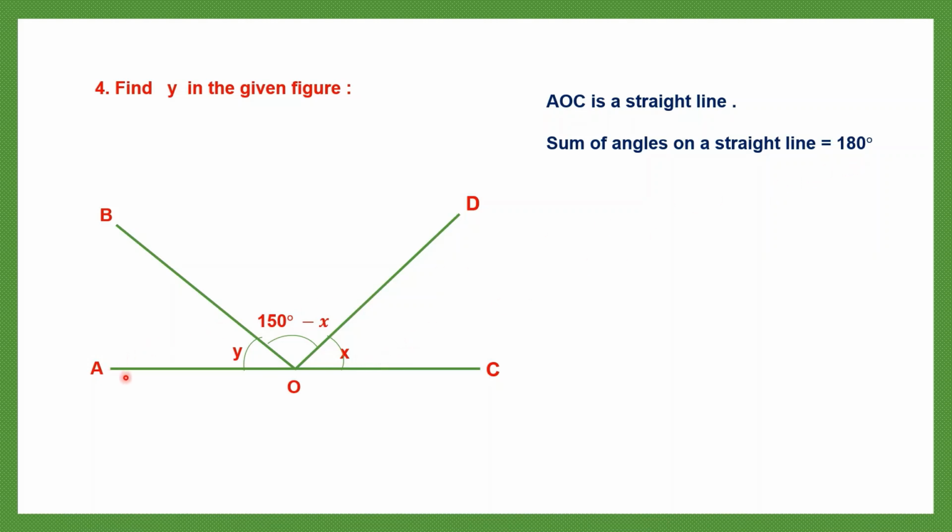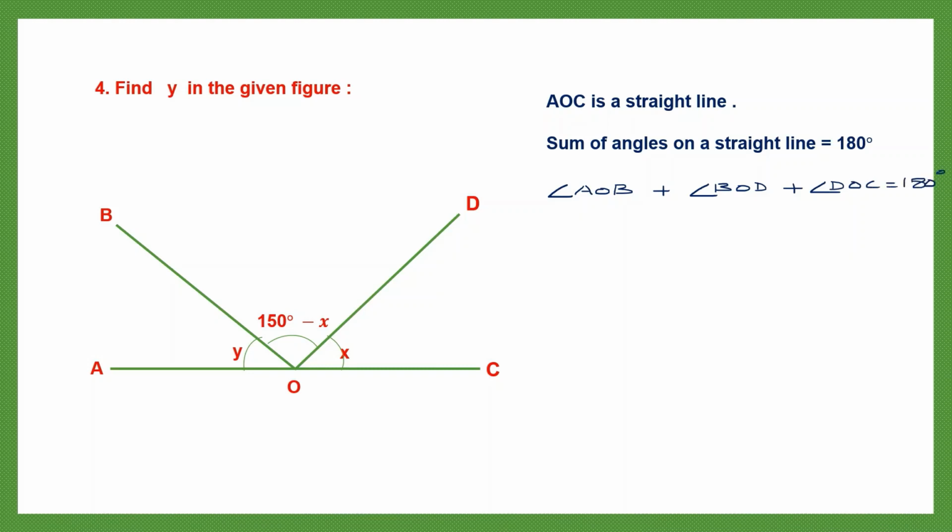So let's take AOB as the first angle. So that is angle AOB plus, now let's take the second angle, angle BOD. Okay, so that is angle BOD plus the third angle, that is angle DOC. All this should be equal to 180 degrees.